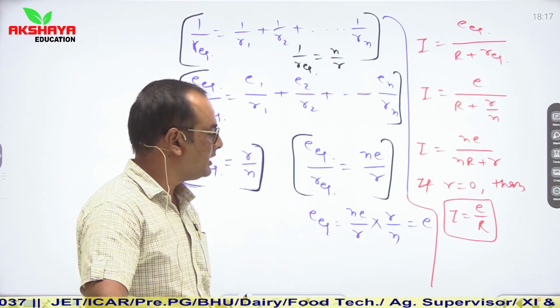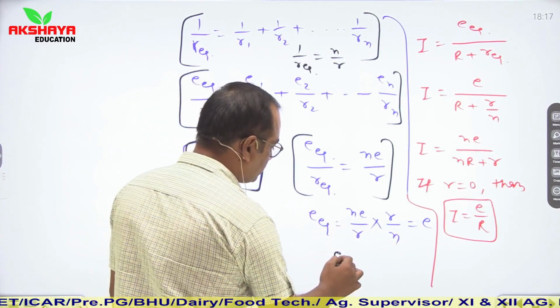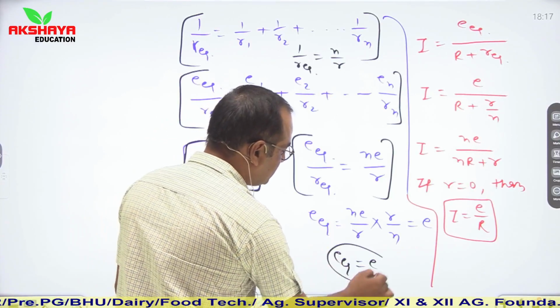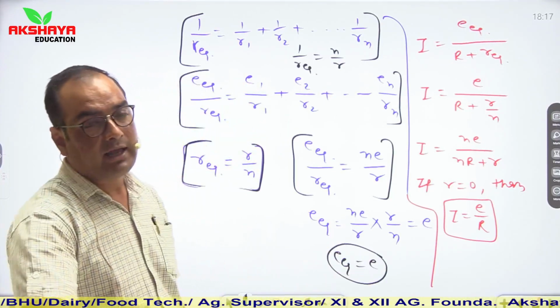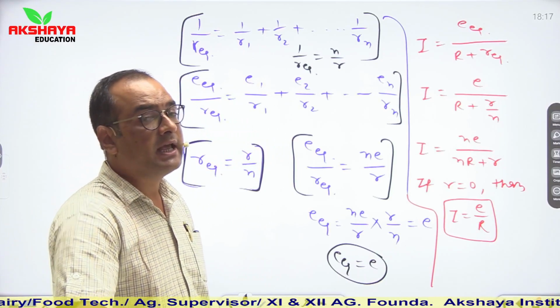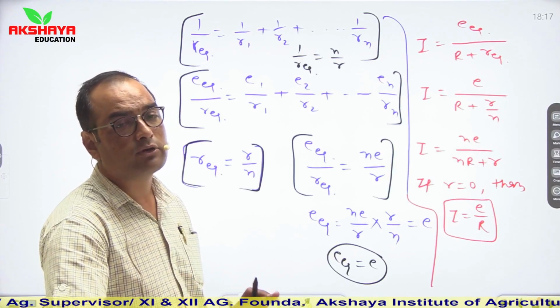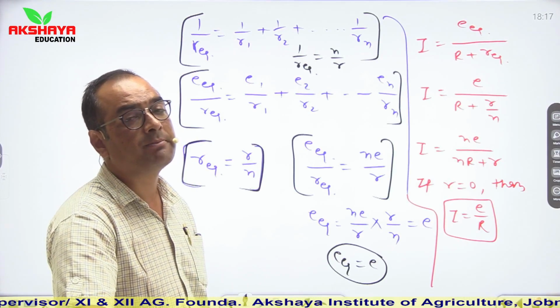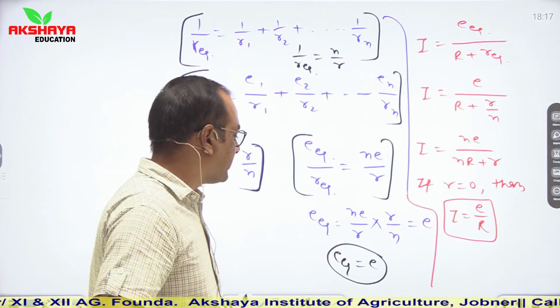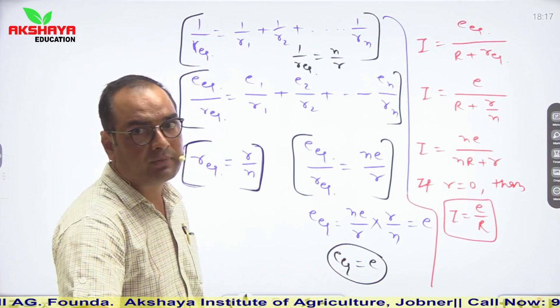So n cancels out and E equivalent is now equal to E. It means in parallel combination of cells, equivalent EMF is equal to the EMF of any cell because all are connected in parallel. So this is the value of E equivalent.